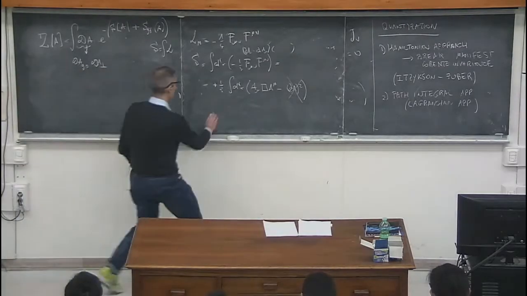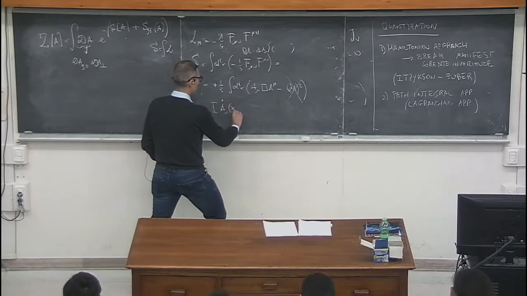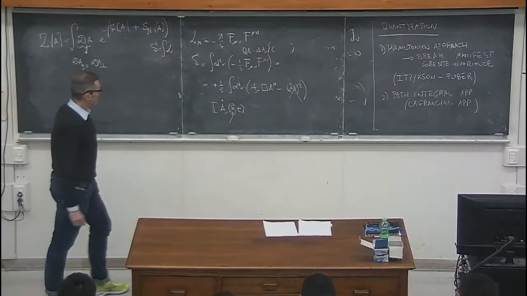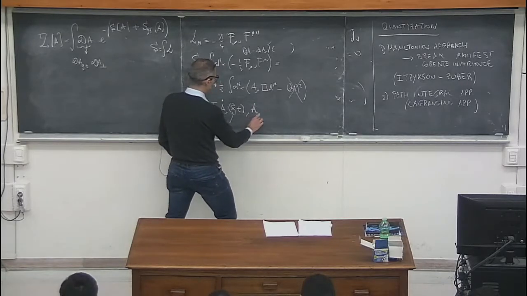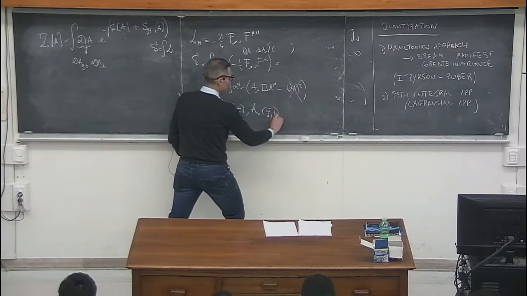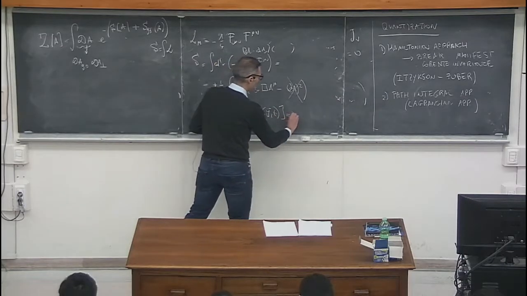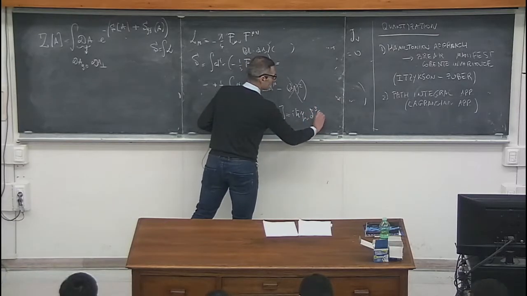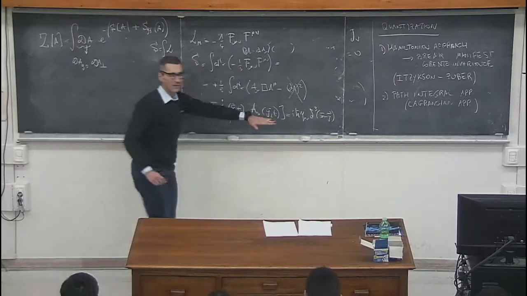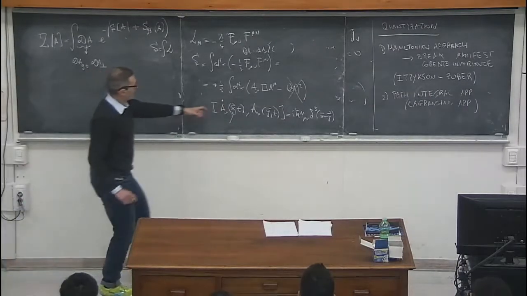So you find the commutator of A mu dot of x and t, where x is just the spatial component of the coordinate, with A nu of y and t. This is the commutator at the same time, equal to i over h eta mu nu delta of x minus y. So these are the quantization rules that you set up to quantize this theory.